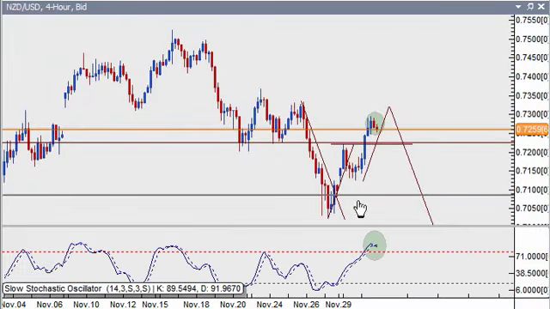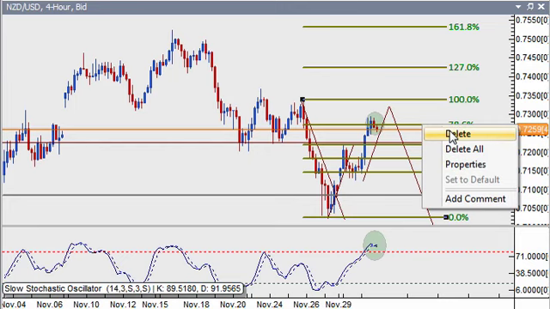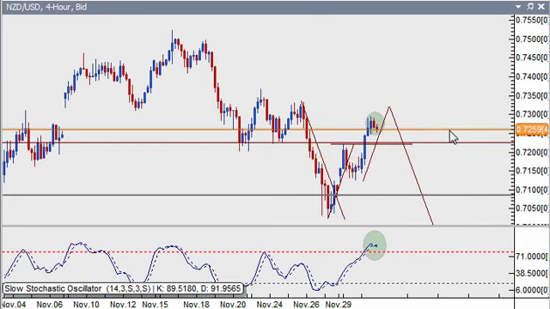Here we see the New Zealand dollar again, and our 78.6% was actually penetrated. Alright, so once again, both of these pairs have ABCD retracement patterns developing, similarly, but the pound dollar has more prospect of a bearish outlook.